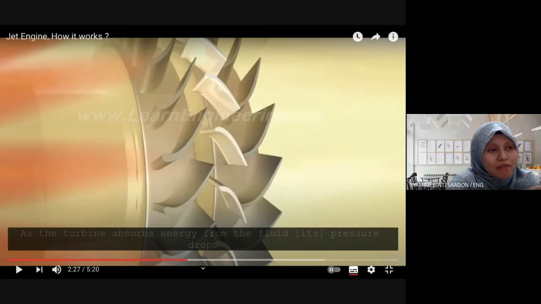So when we have hot air, the pressure energy increases. So this pressure energy is what we will use to rotate the turbine. Okay, this one you will see clearly in propulsion lab, next year. Okay.